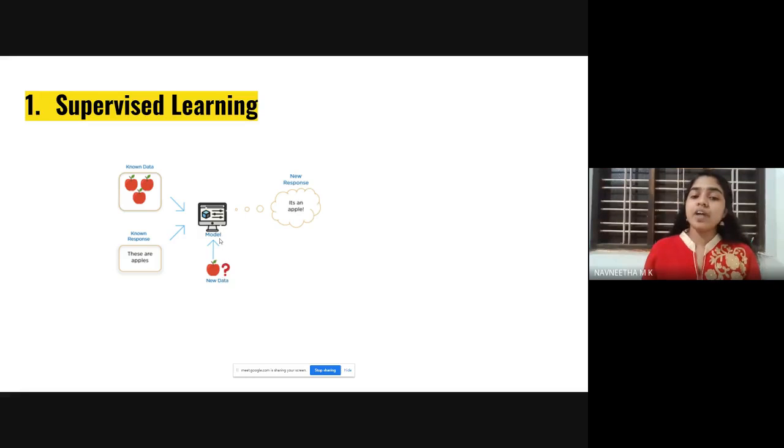So next time we ask the system which kind of data this is, the system will tell us that this is an apple, a green apple. This is the working of supervised learning. The system learns through this training data. Without training data, the system does not learn. Is it clear for you?